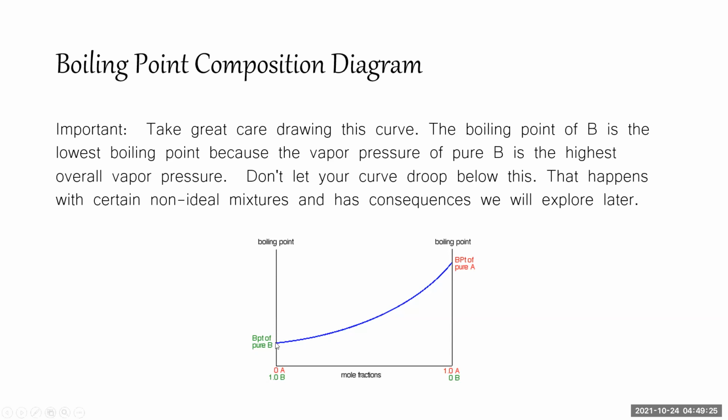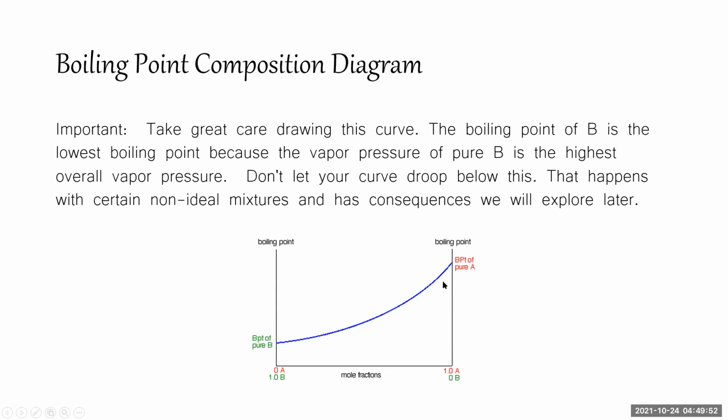The boiling point of B is the lowest boiling point because the vapor pressure of pure B is the highest overall vapor pressure. So don't let your curve droop below this. Basically, when you're drawing this blue line, don't go too extreme with it and go below, in terms of the y-axis, the boiling point of pure B.